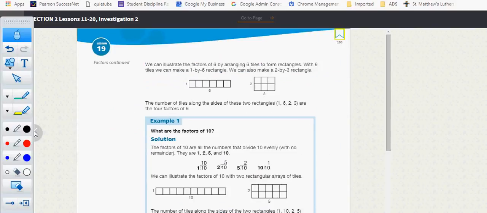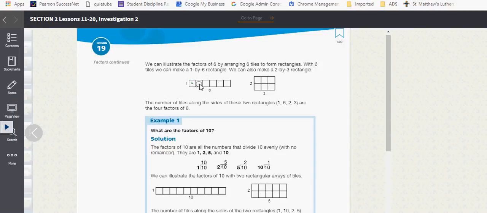So they show this real nice with some cubes here. If it's a factor, you can evenly form that many, 1, 2, 3, 4, 5, 6 boxes. And the factors would count how many boxes on each side.